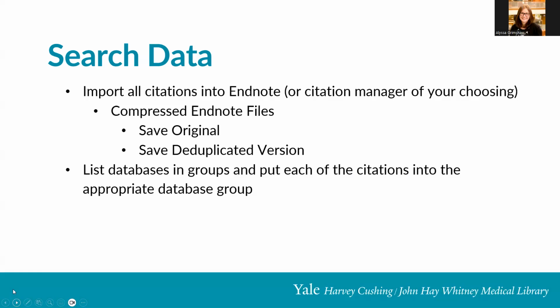I'll go and figure out what databases that journal is indexed in and should have come in, and then I go to my search and try to figure it out. So it's really important that you know what came from where. And some journals do ask you to report this actual number. I think Academic Medicine is an example where they want to know how many citations came in from each database. So it's really important that you have that data just in case you need to provide it in your manuscript.